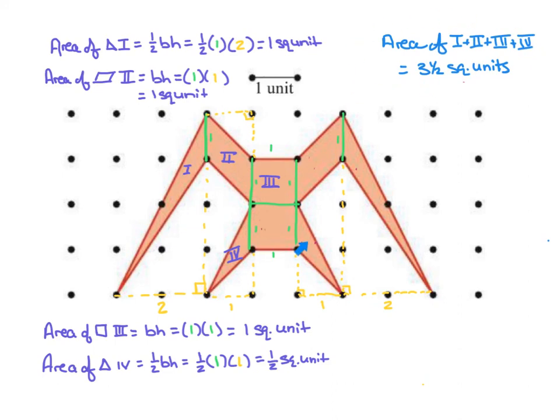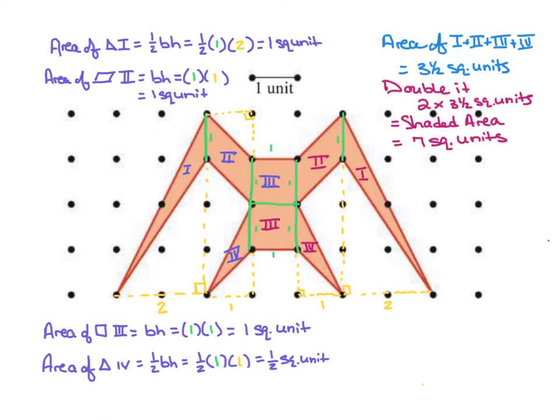Since these other parts that I didn't have labeled are duplicates of the ones to the left, I can just double this area. And if I double the area, 2 times 3.5 gives me 7 square units, because those purple numbers and the pink numbers correspond to their congruent areas. So that would mean my total shaded area for my spider-looking creature is 7 square units.